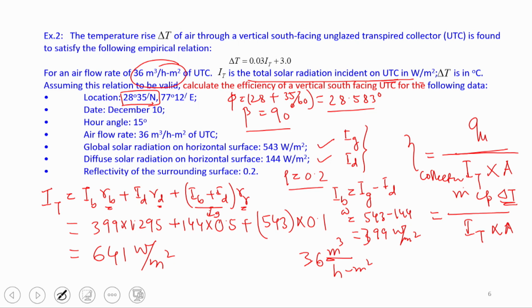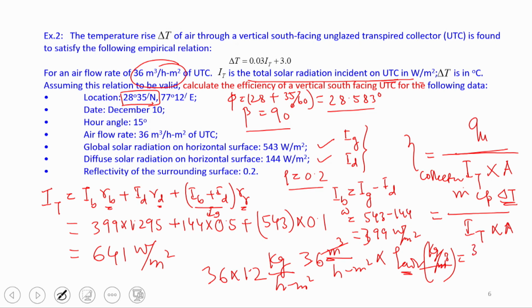So if we multiply with density of air, its unit is kg per cubic meter. So this will go off, then you will get kg. Density of air you can consider 1.2. So 36 into 1.2, then kg per hour meter square.